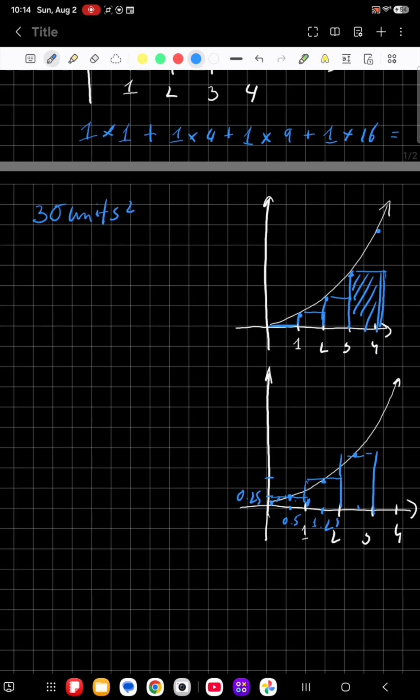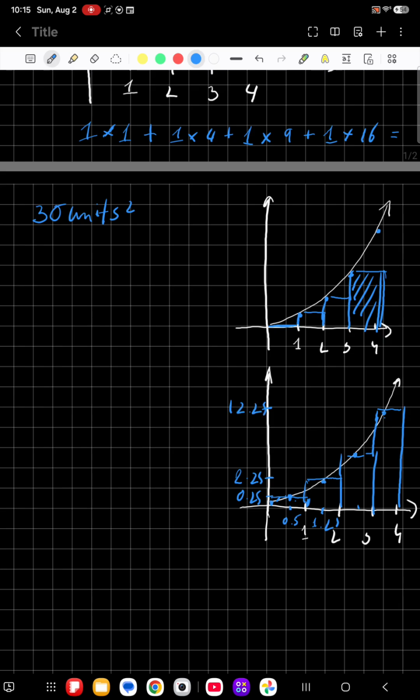Okay, and the last one here somewhere. So I hope you understand the idea. It's not a perfect picture, but I hope it illustrates what I'm trying to explain. So 2.25, and then that last height is 12.25, I think.